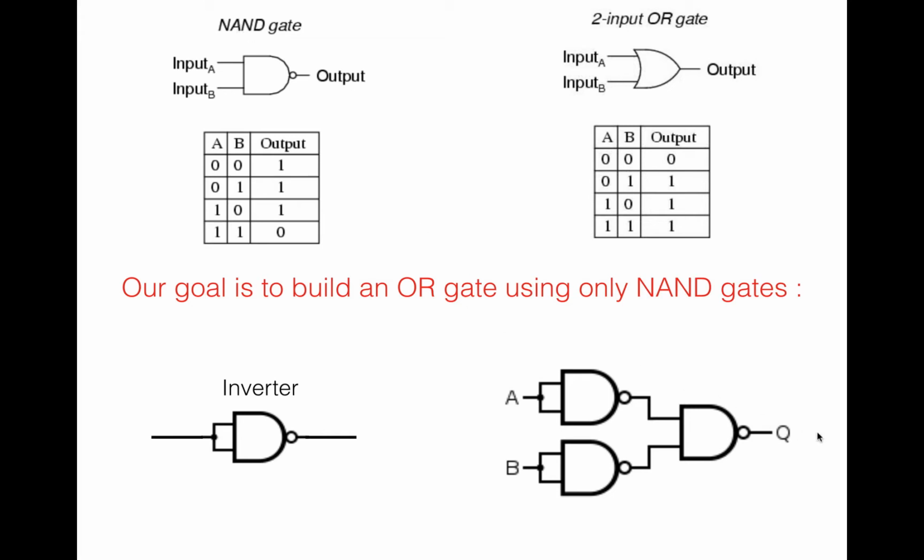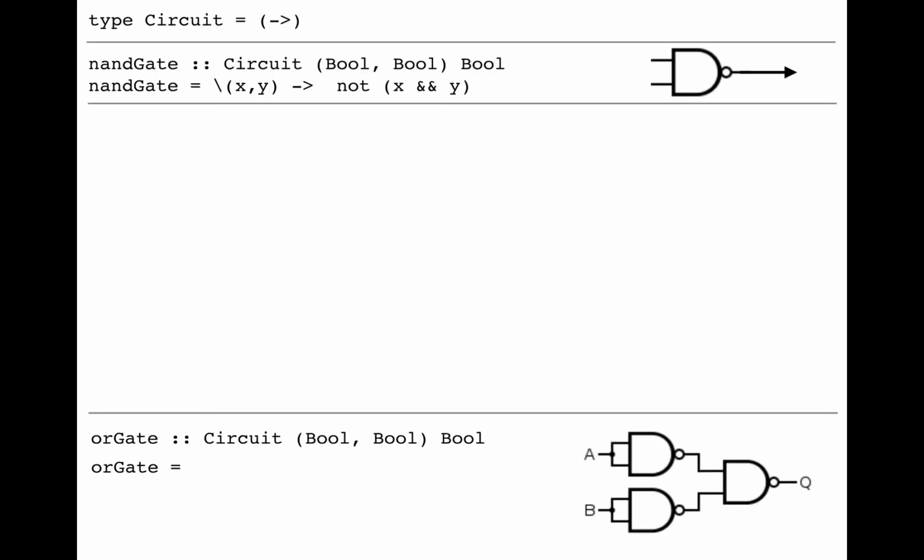And for that we are going to compose an inverter, two inverters and a negative AND gate, and then you will end up with an OR gate. And we are going to do that in Haskell.